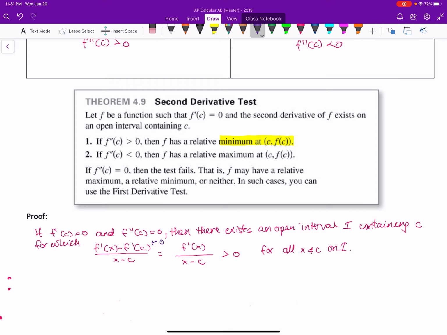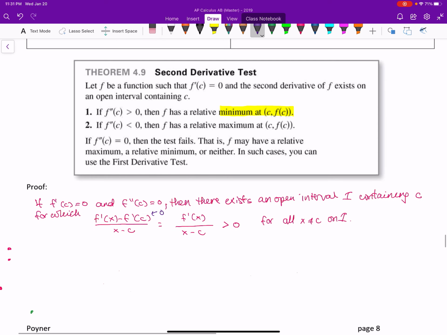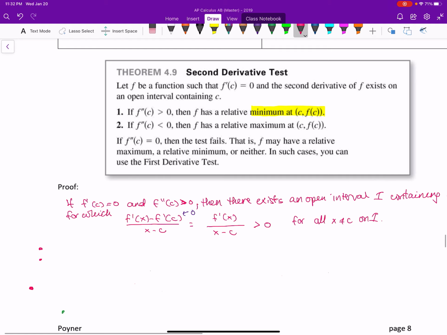And this here, for all values here. So I think I wrote that wrong. Hang on. I think this was supposed to be like this, is greater than, like that, right? Because this is then the average rate of change.